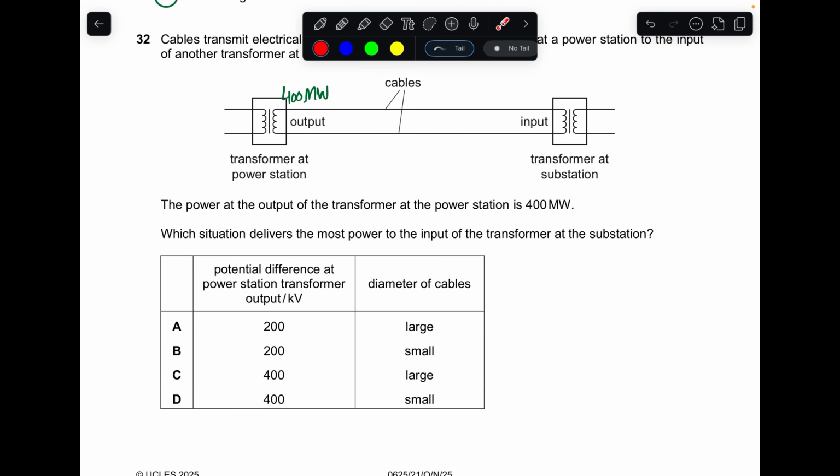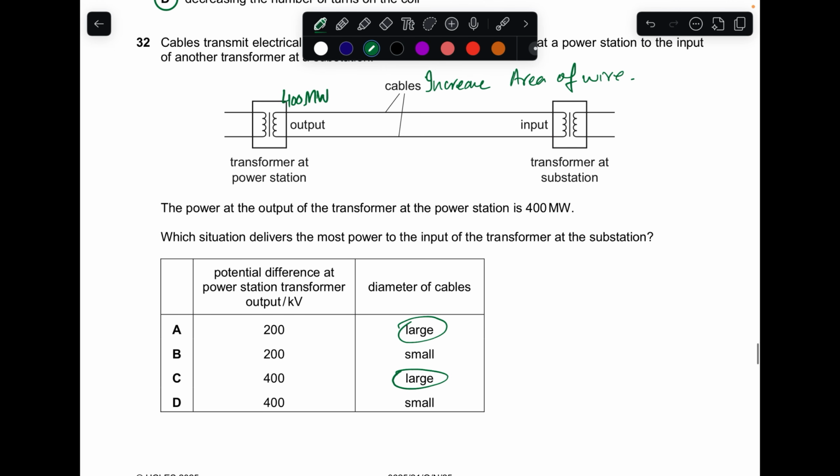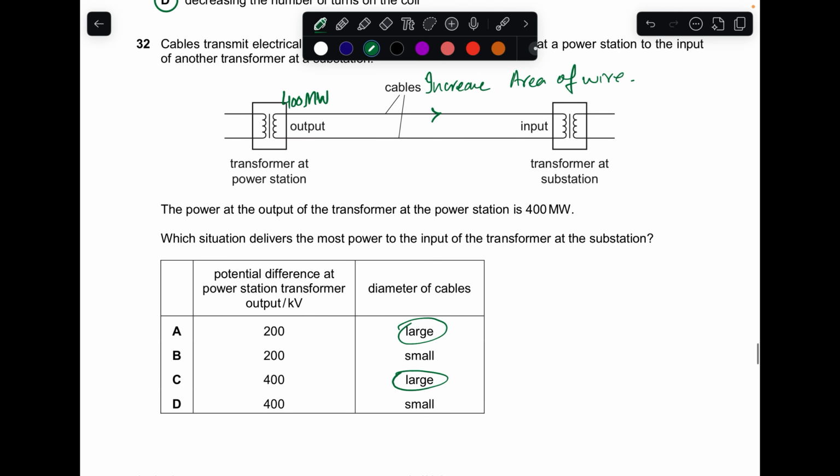Okay, so this question is from transmission, and you have to deliver the most power. So what you can do, you can increase the area of the wire. To increase the area, you can use a larger diameter. So you can choose between these. And you can decrease the current.